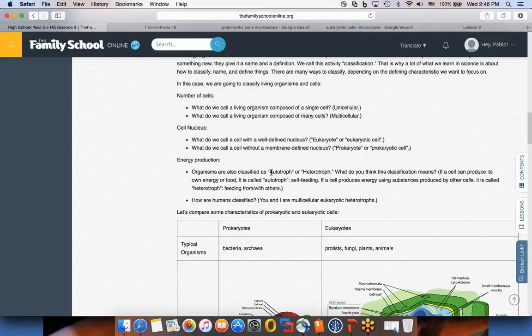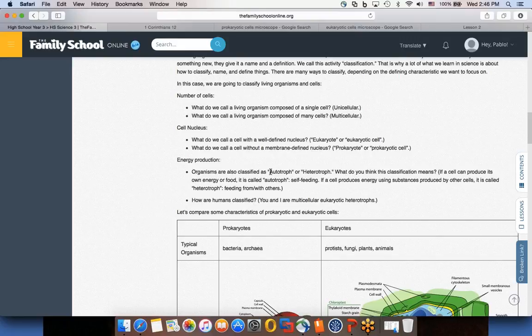But there are other organisms that also are autotrophs, that generate their own energy, but not from the sun. They use other chemical reactions in order to generate their energy. Troph means to eat or to feed. That also comes from the Greek.